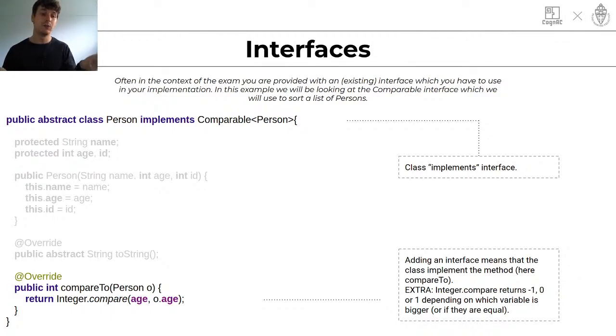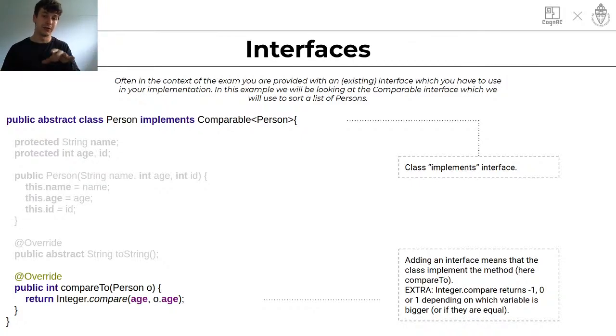So basically we compare the other person, the person that's given in here, o, to this class itself. By the way, what you need to do is always return -1, 0, or 1, depending on which one is larger than the other, or if they're equal, and that's exactly what Integer.compare does. It's a default method that's built into Java.